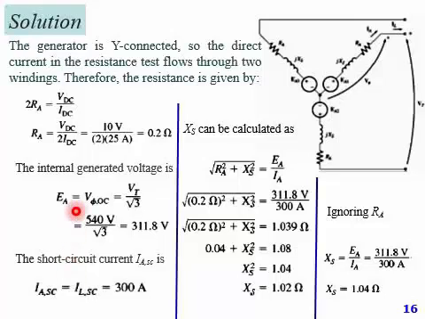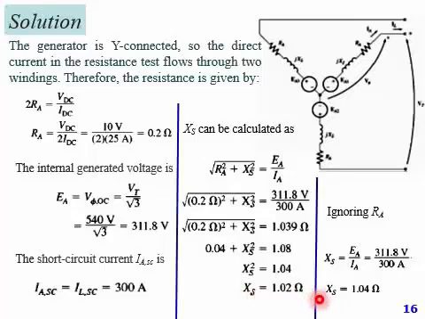Since we know that if we know E A and I A, we can easily find X S. If we already have R A, the smaller resistance, then the result of X S would be accurate. So we also put this R A in this equation with E A and I A. After putting in these values, we can find the unknown X S.